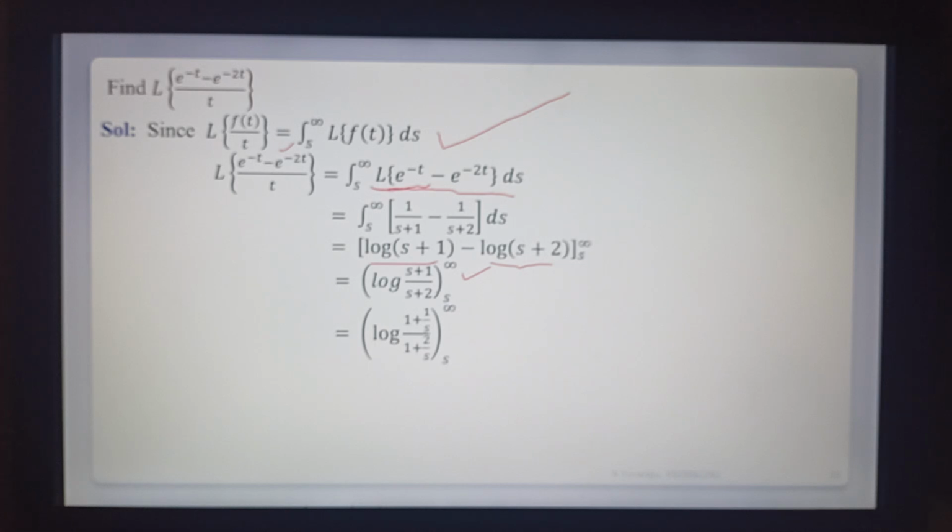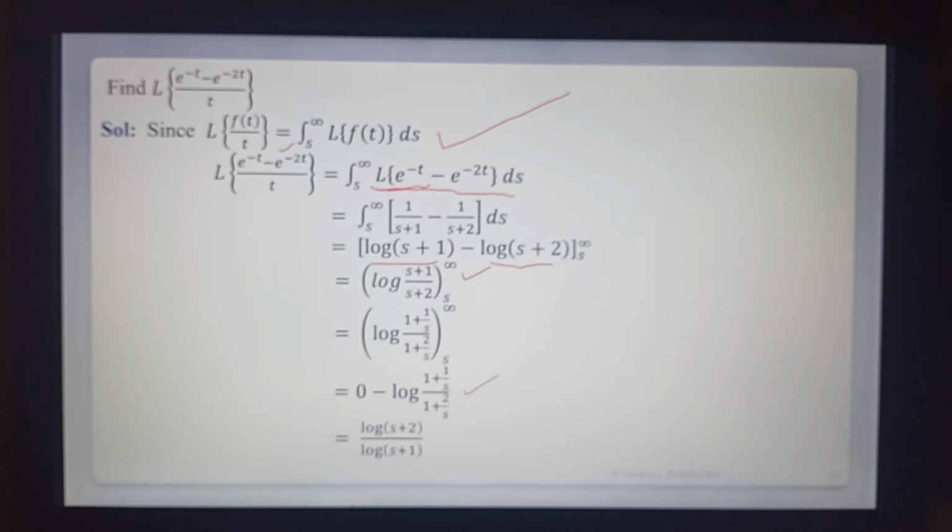So now for simplification, take s common in numerator and denominator: log of (1 plus 1 by s) by (1 plus 2 by s). Now substituting the upper limit infinity, that is log 1, which is 0, minus log of (1 plus 1 by s) by (1 plus 2 by s).